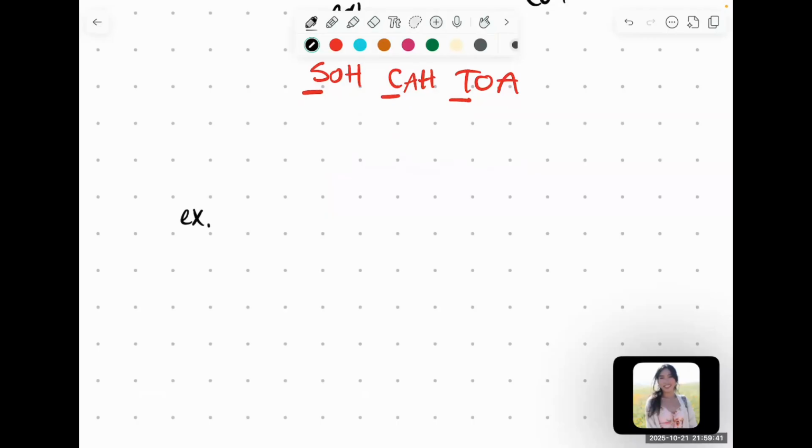Okay. So for this set of problems, we're going to find the trigonometric ratio. And for the homework problems, they actually give you a picture, which is helpful. So we are given this picture: 34, 16, 30, alpha, beta.